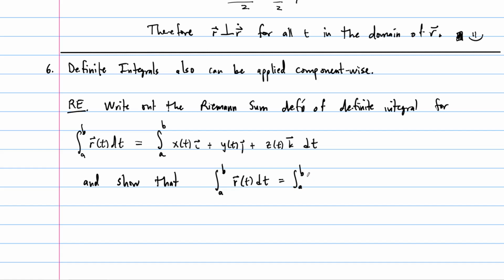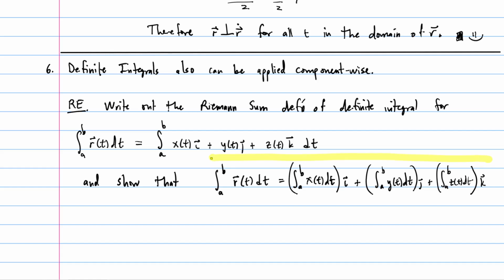So it's going to be the integral from a to b of x of t dt times i, plus the integral from a to b of y of t dt times j, plus the integral from a to b of z of t dt times k. And like I said, this is what we're going to actually use to compute.